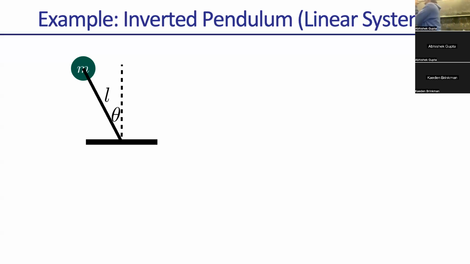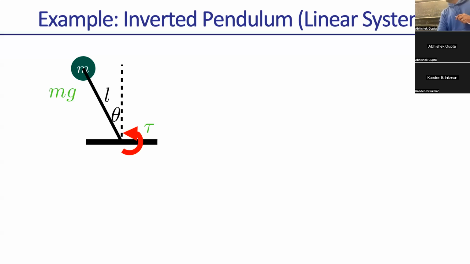That's the problem. You're trying to apply torque to balance the pendulum when there's mass acting from the ball at the end of the pendulum. So you can think of it as something that's trying to balance. And so what I'm going to try and do is instantiate this pendulum system in the context of LQR. And then we'll try to solve it after that.